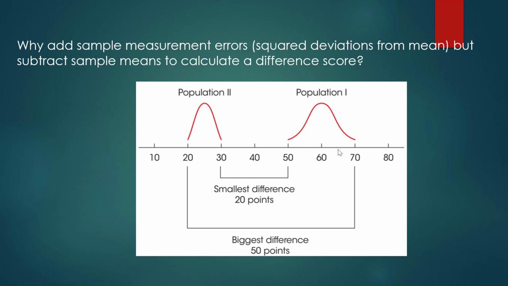So if you select one score from these two populations, the closest two values are 50 and 30. That's a 20-point difference. But the ones that are farther apart, you see a 50-point difference. So if we look here, there's a 10-point difference in population 1.